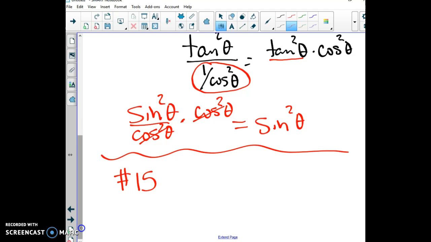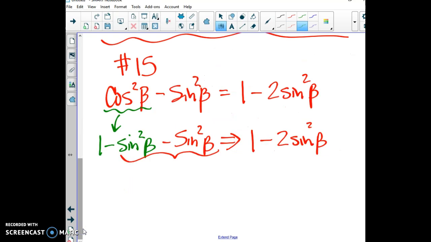Remember, try something and come back. So problem 15 says cosine squared beta minus sine squared beta, and we're thinking of Pythagorean identity right here, but we don't quite have it. We're going to take cosine squared and rename it as 1 minus sine squared. Then you can see we have everything in terms of sine.